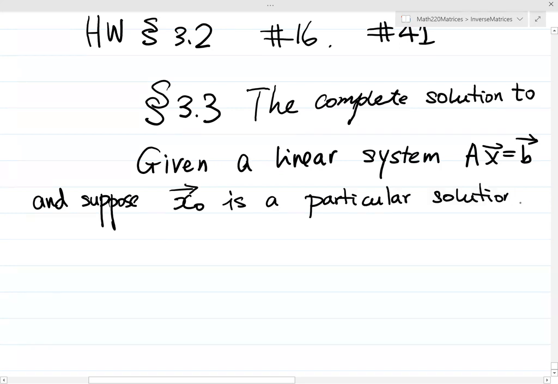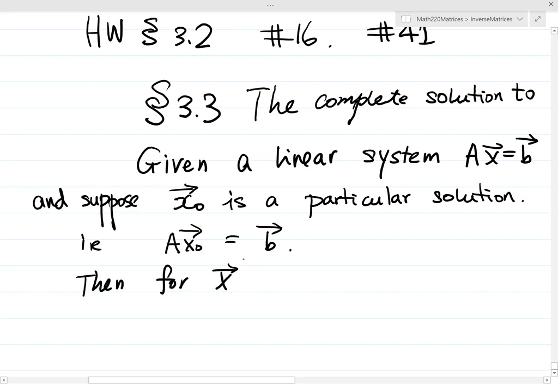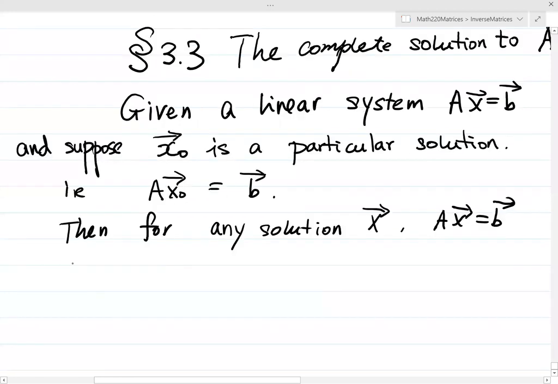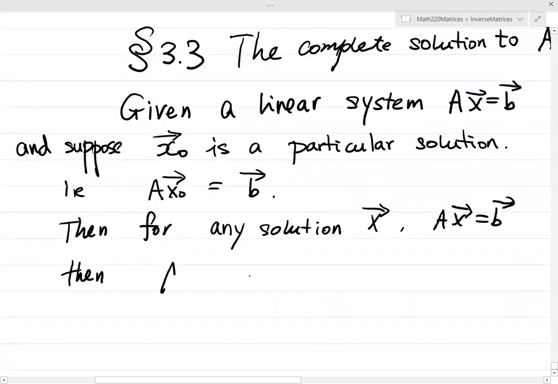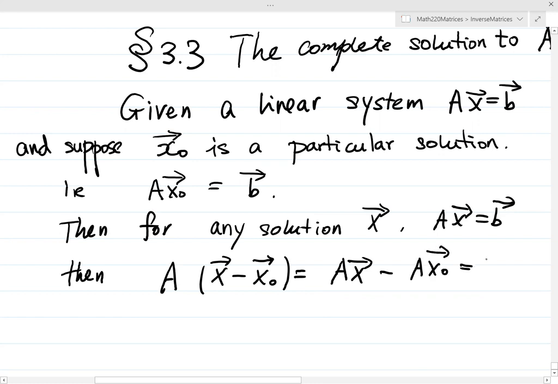That is, Ax0 is B. Now for any x that is any solution that satisfies the linear system, we have Ax equals B. Now if we subtract, then use the linear property, we have A(x minus x0) distributes to B subtract B, which is 0.